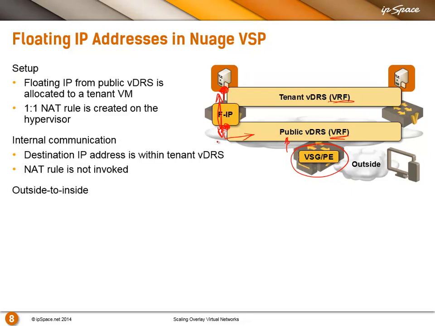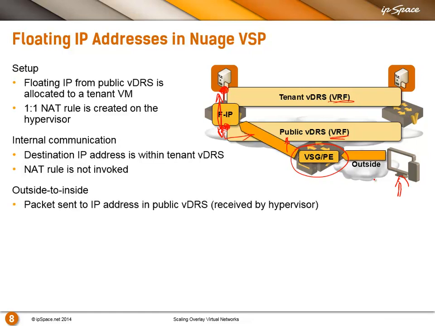If, on the other hand, the packet is coming from the outside to the inside, so someone wants to talk with that VM over there, the packet hits the public IP address, which is on the hypervisor. This public IP address is made reachable because the hypervisor is announcing it into the public VDRS. And this one-to-one NAT rule sends the packet to the VM.